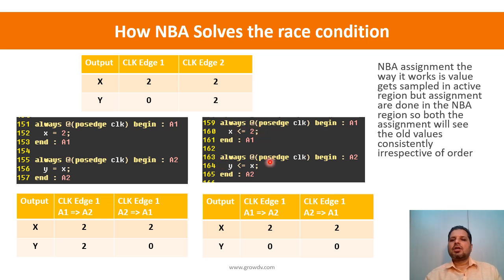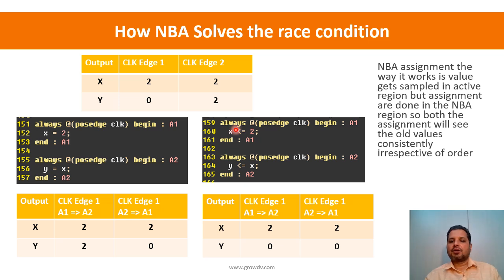So in both the always blocks, in any order they execute, we are not doing the assignment, we are just sampling the values. So we will sample the value 2 in the active region and schedule it for assignment to the x, and we will sample the value of x, which will currently be 0 because this assignment has not taken place.